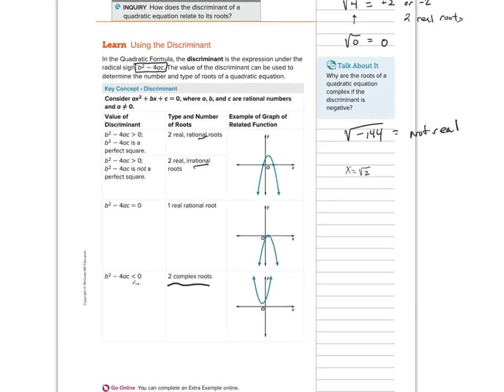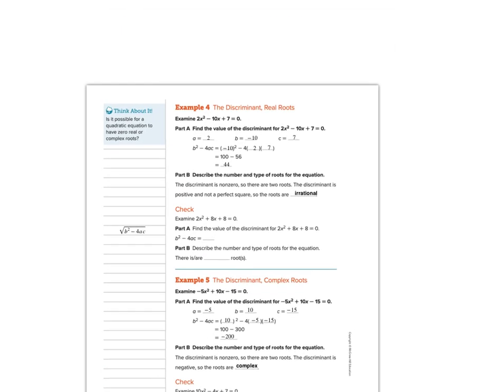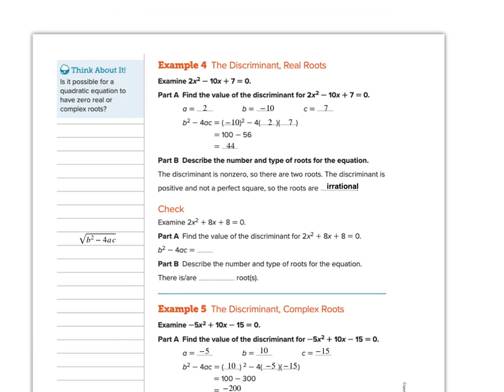So with that, just understanding what's going on in the discriminant and how we come up with that. Go back here and reference that. Right here, one real root. And here is the discriminant, understanding that, again, A, B, and C. So when we plug those numbers in, we find out that the discriminant came up to 44, which means that we have two real roots.